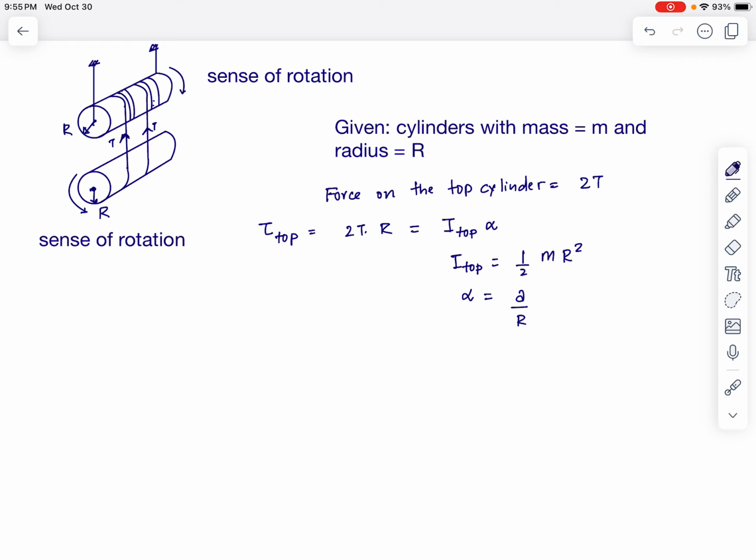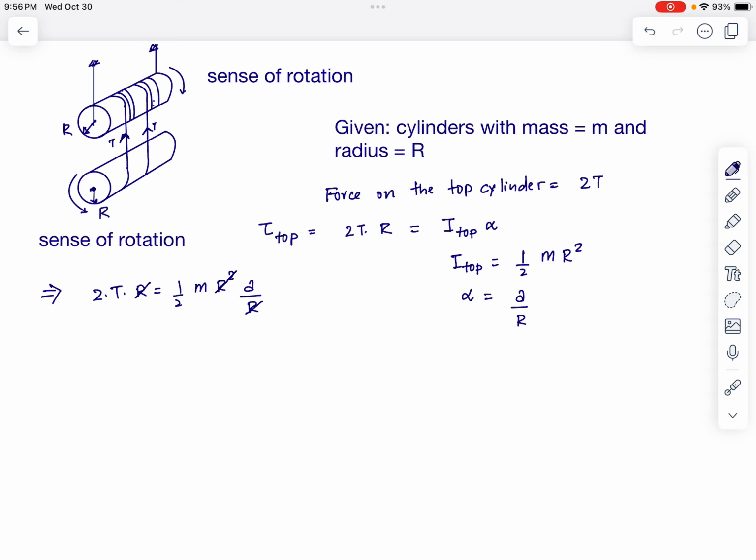So if we plug all these things in, 2 times T times r equals half m r squared times a divided by r. One of the r's cancels out here, the other r cancels out here.